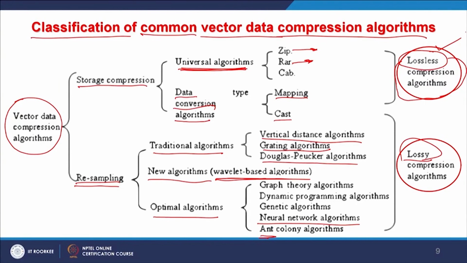I do not want to go further on this, and this brings us to the end of this discussion about vector data compression techniques. Just to recap, in any case vector data generally do not have much redundancy.